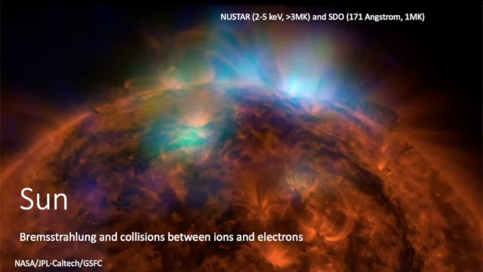In red, the very detailed background image is acquired by SDO at 171 angstroms, equivalent to about 1 million kelvins. X-rays from the sun come from the corona, the outermost part of the sun, and are caused by both Bremsstrahlung and collisions between ions and electrons.